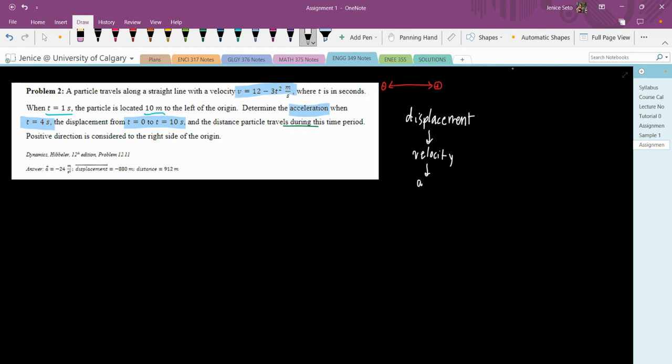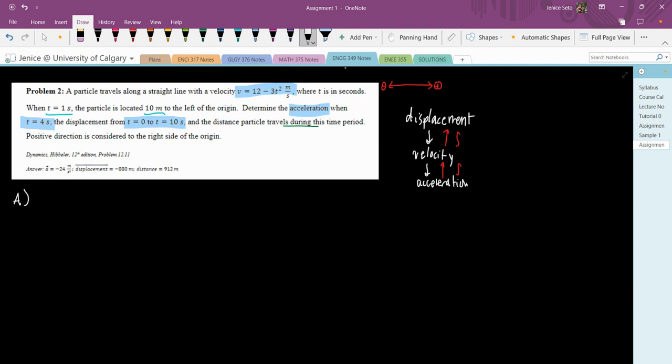And differentiate again, we get acceleration. But if we want to go backwards, that means we have to integrate. So we're given velocity, so we're going to have to differentiate to find acceleration, and then go backwards and integrate to find displacement. So we're looking for two things: the acceleration at a specific time, and displacement within a certain time period.